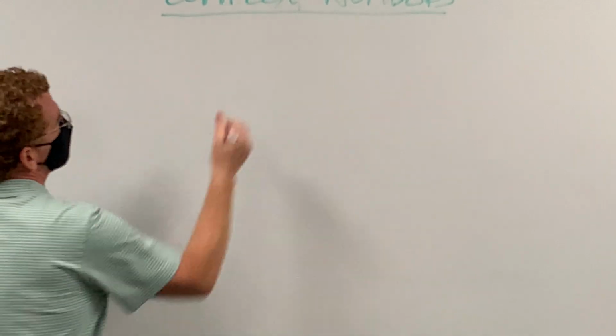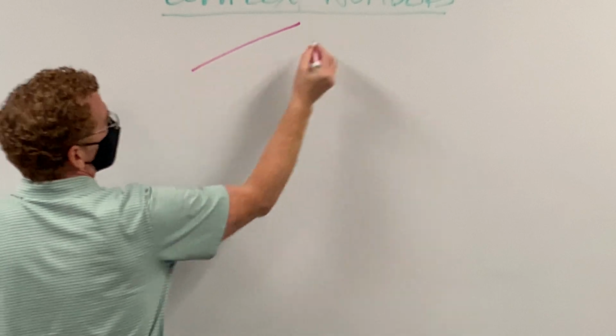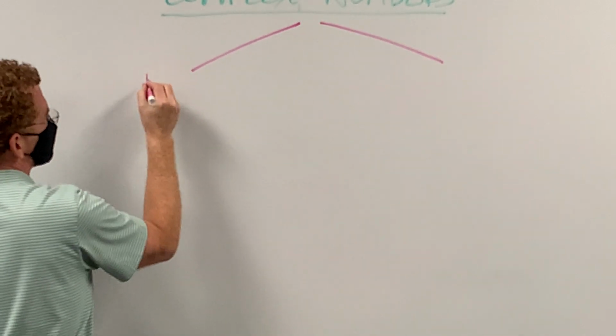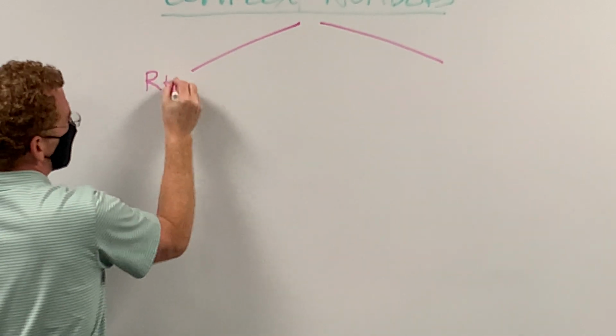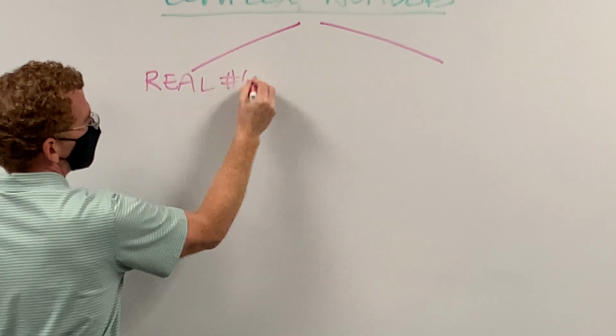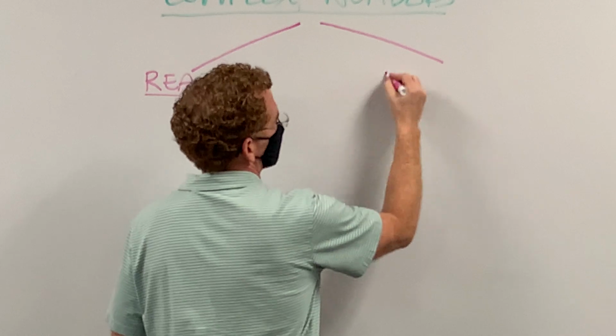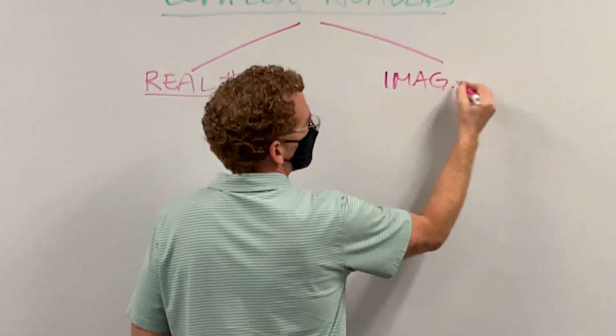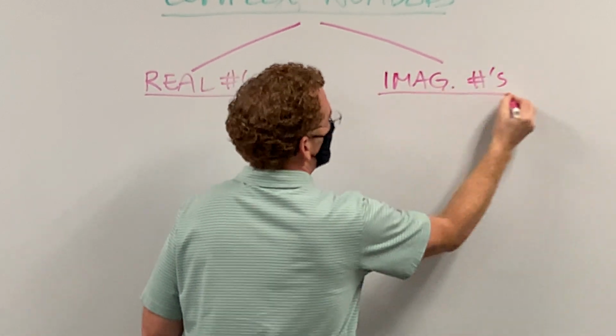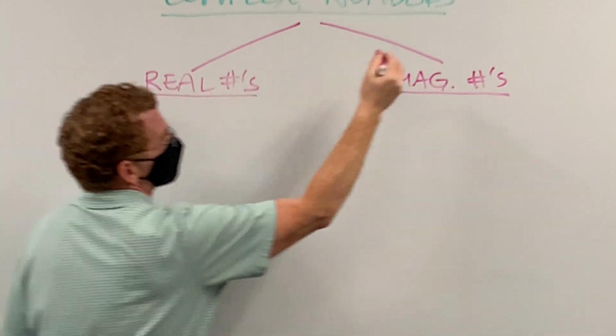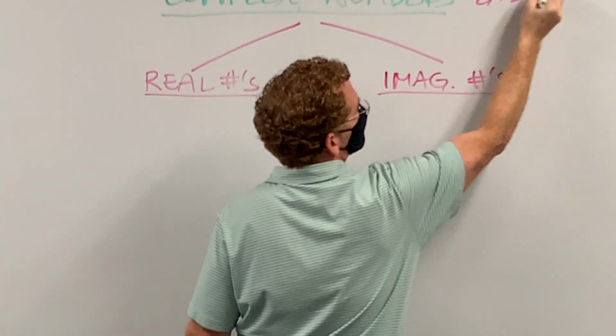So what we like to do, we being the math community, we're going to break this up into what? Real numbers and imaginary numbers. And the real numbers, right? Remember, complex is anything a plus bi.